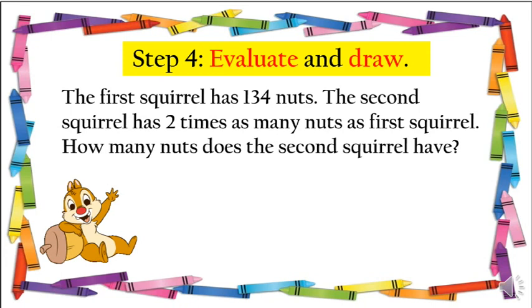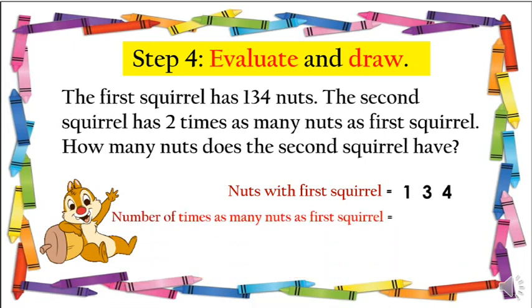Nuts with the first squirrel is equal to 134 and number of times as many nuts as the first squirrel is equal to 2. That means to find out nuts with the second squirrel we need to multiply.